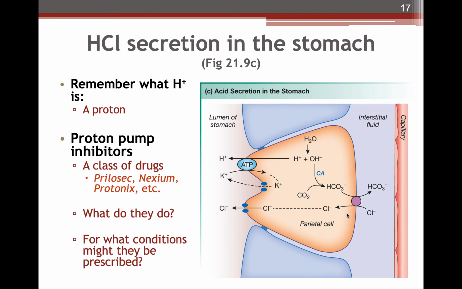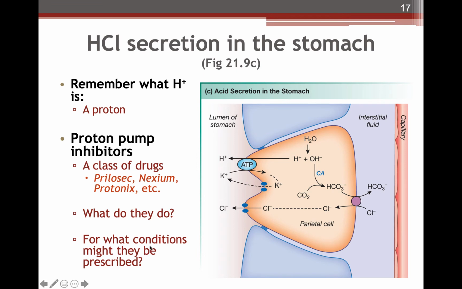And then just a little bit more on these hydrogen ion pumps or proton pumps. You maybe have heard of drugs called proton pump inhibitors, like Prilosec, Nexium, Protonix. These drugs will block, to some extent, these proton pumps right here on the parietal cells.